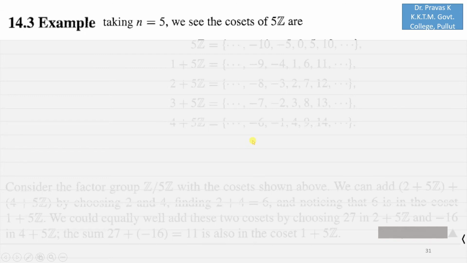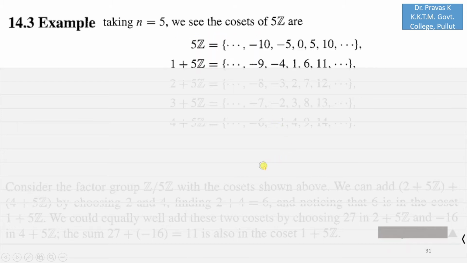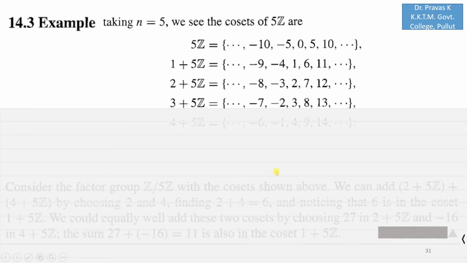Now let us consider one more example. Taking n equal to 5 in the previous example, we see that the cosets of 5Z are 5Z itself, and 1 plus 5Z, 2 plus 5Z, 3 plus 5Z, and 4 plus 5Z. How to add two cosets?